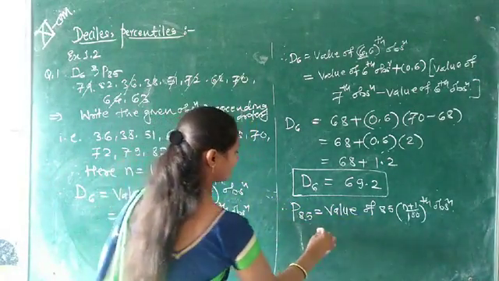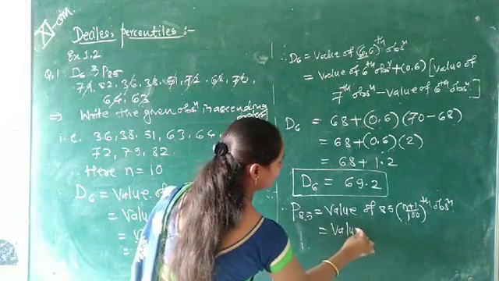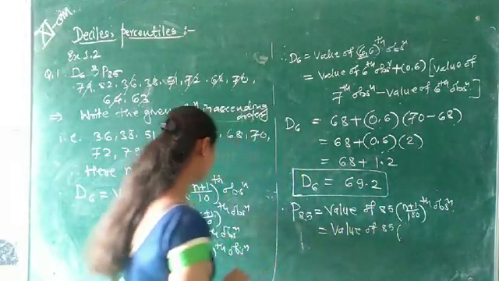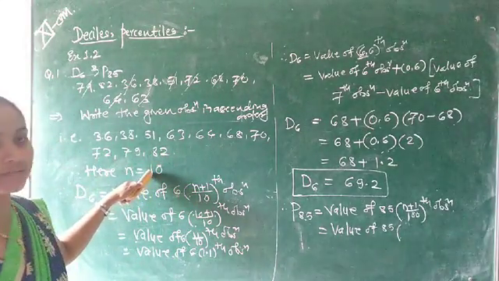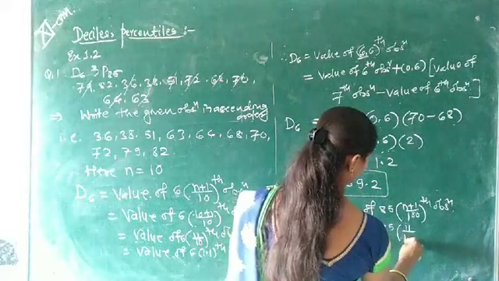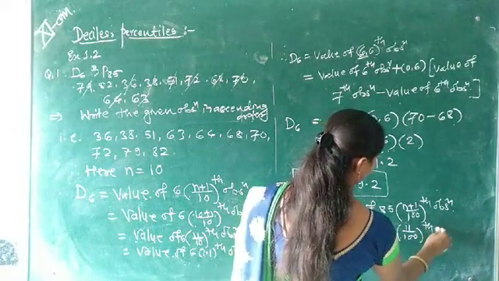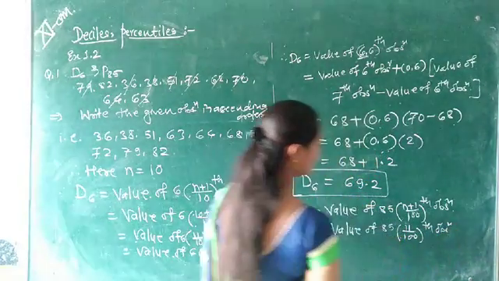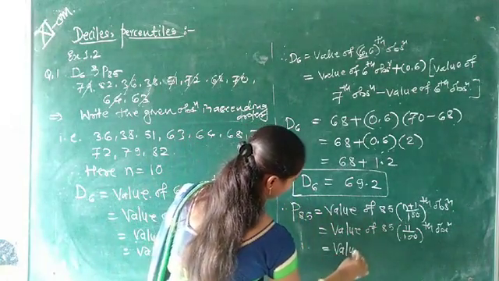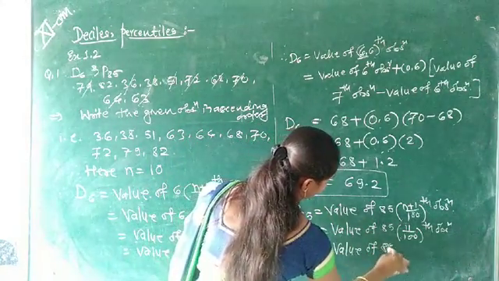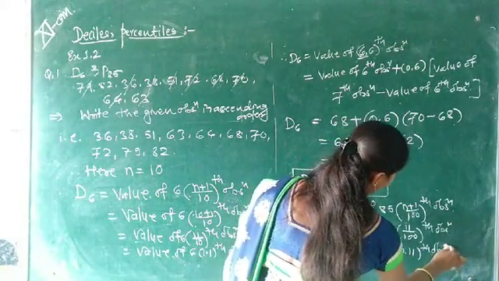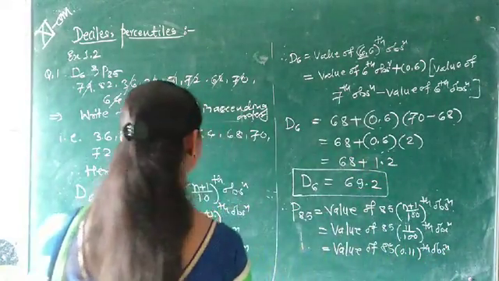N is 10, so 10 plus 1 is 11, 11 upon 100, that means 0.11. Value of 85 into 0.11 observation.